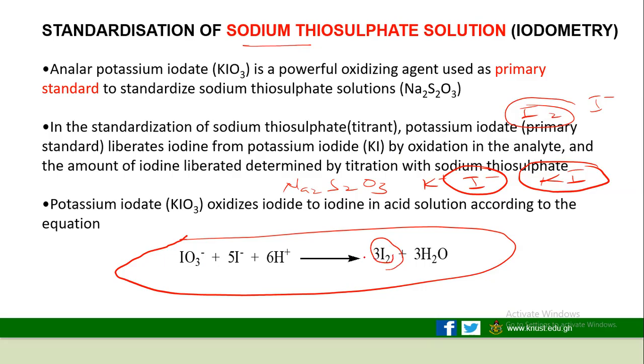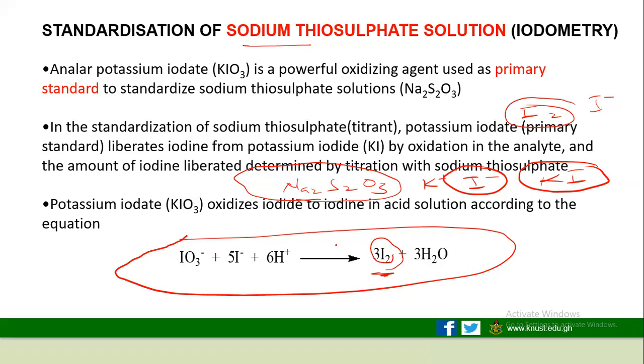Now, from whatever I've said so far, I realize that in this standardization we require two steps. The first one is the oxidation by the potassium iodate. Then the next one is when the iodine that we have produced here, right, reacts with the thiosulfate.